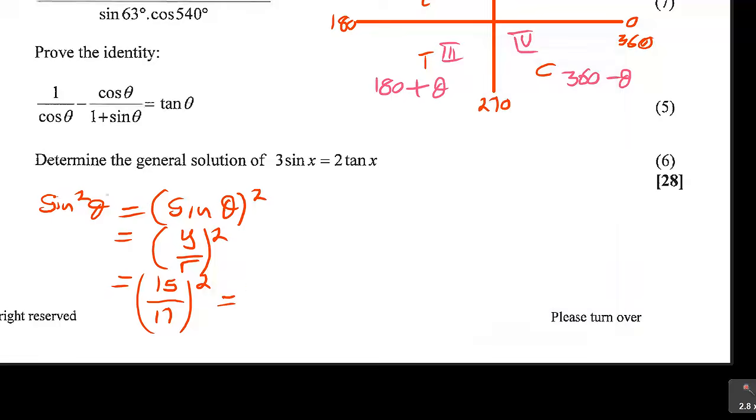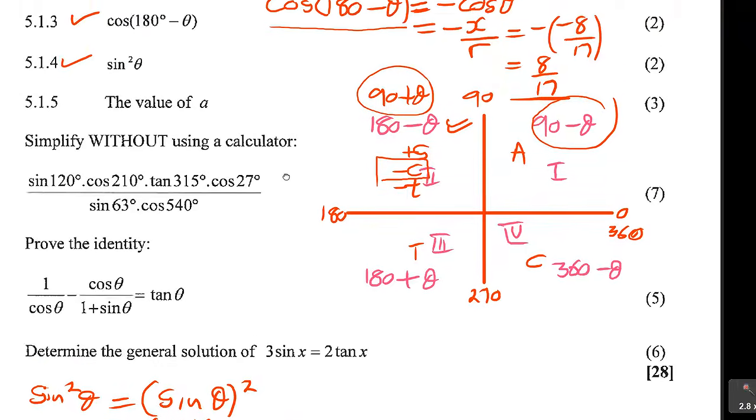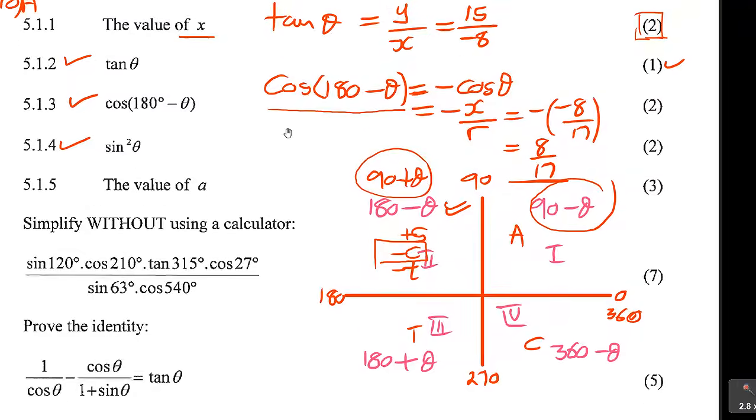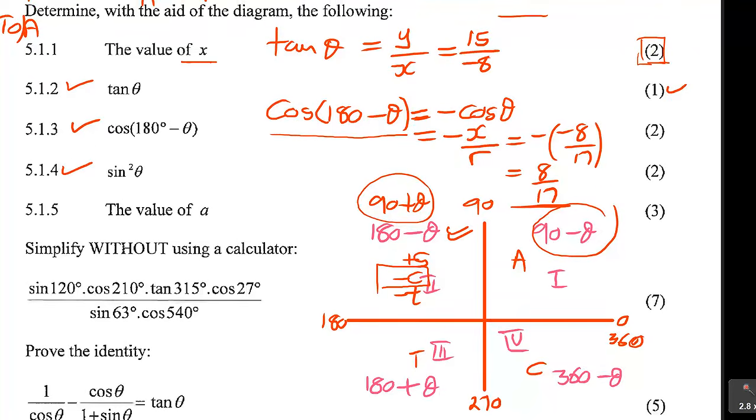So we have 225 over 289. So you see how you're simplifying this question. So the approach, as I say guys, is very important. You need first to have your x, y and r values in check. The moment you do that, you won't have a problem.